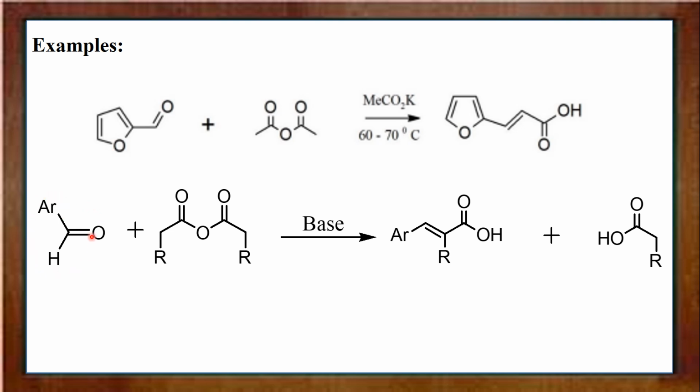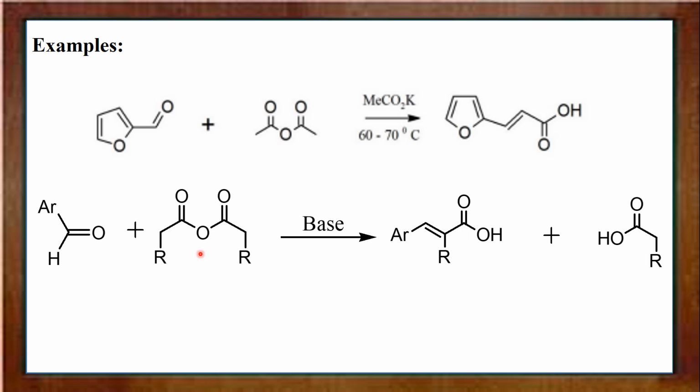I have taken an aromatic aldehyde and an acid anhydride. Under the influence of a base, Perkin's reaction takes place to form an intermediate, and after E2 elimination followed by hydrolysis of the resulting anhydride, we get an alpha beta unsaturated aromatic acid.